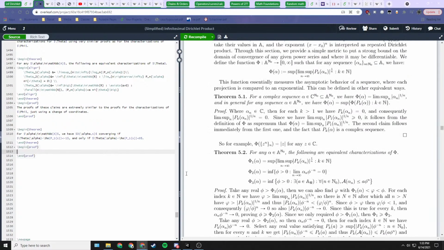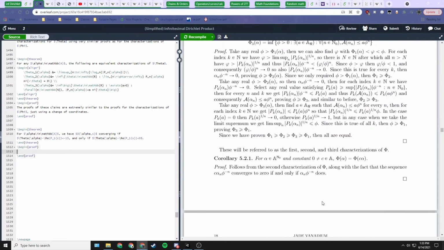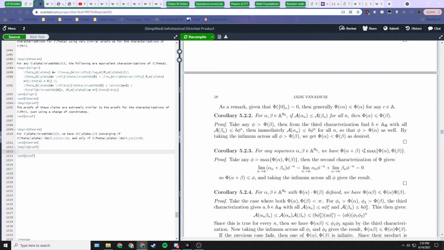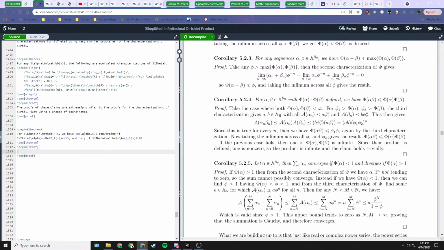So for example, if we do that, then of course we'll get all of these characterizations, or at least these characterizations under the change of coordinates for free. We'll also get this result, and this result, and this result, and this result, and this result.